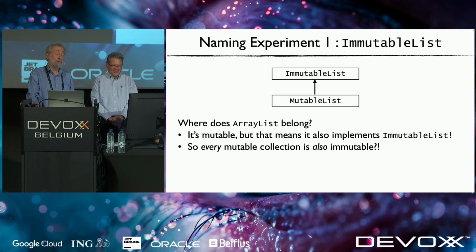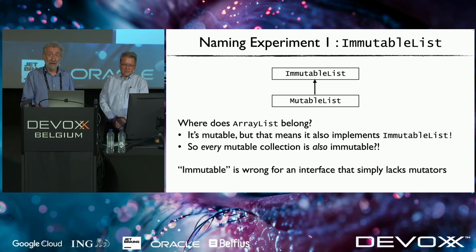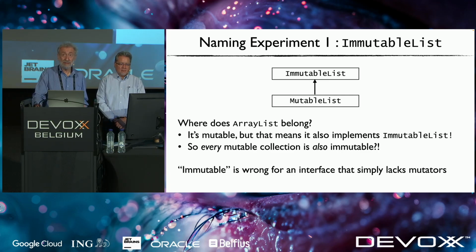In fact, everything that inherits from mutable list is going to be a kind of immutable list as well. So it's a neat-looking type distinction, but it doesn't make very much sense. So at the very least, immutable is the wrong name for an interface that just lacks mutators. It's clearly not enough.